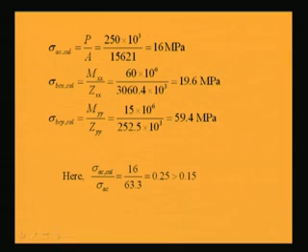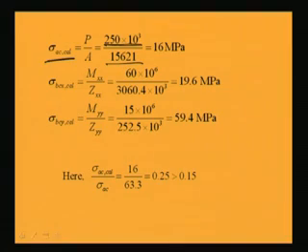So we can calculate the sigma AC calculated, which will be P by A, where P is the axial force and area is the cross-sectional area of the selected member, 15,621 millimeter square. This is coming to 16 MPa. Similarly, sigma BCX calculated will be MXX by ZXX.